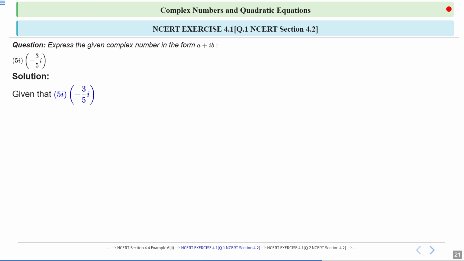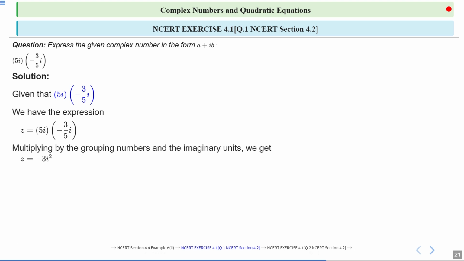Given that 5 times iota multiplied by minus 3 times iota divided by 5, we have the expression z equals 5 times iota multiplied with minus 3 times iota divided by 5. Now let's multiply the coefficients and the imaginary units. 5 times minus 3 by 5 gives us minus 3, and iota times iota gives us iota square.